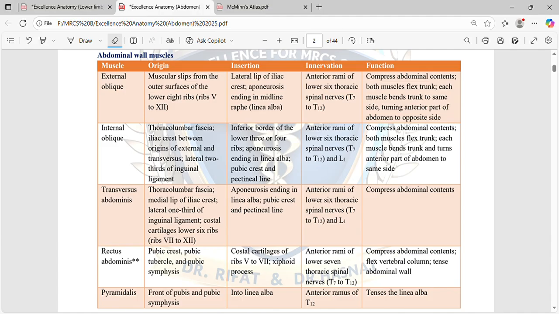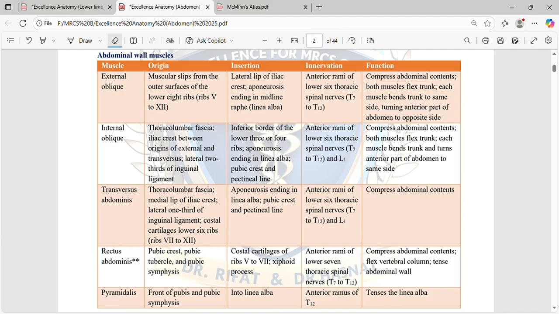The internal oblique arises from the thoracolumbar fascia. If you see on the sides of your body, deep to the external oblique, there will be the thoracolumbar fascia, the main fascia. So the internal oblique will arise from the thoracolumbar fascia, the iliac crest between the origin of the external oblique and transversus, and the lateral 2/3 of the inguinal ligament.